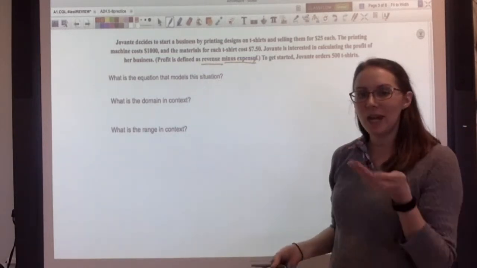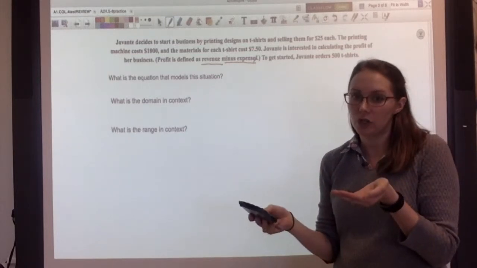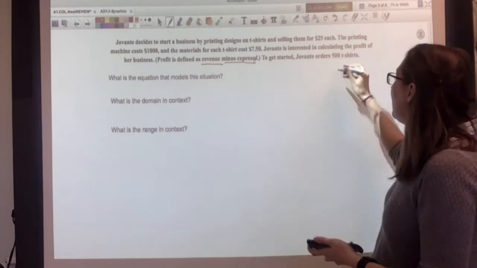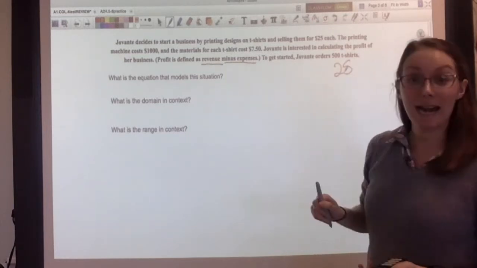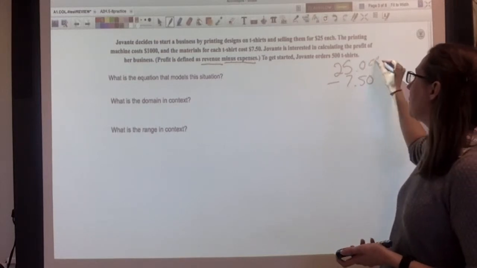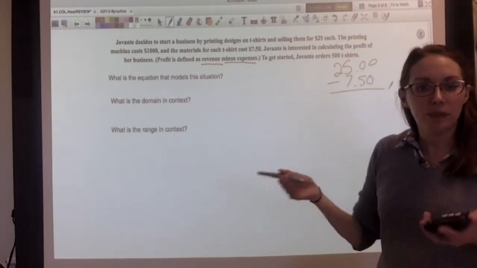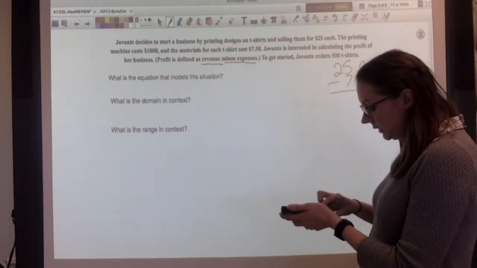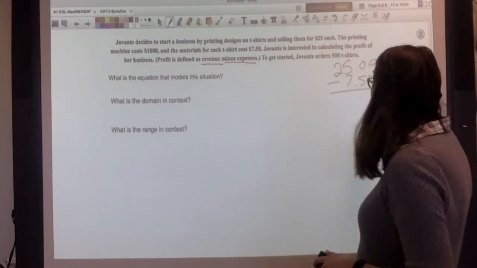We have money coming in, and we have money that has to go out with every shirt. So we can model that with the slope. Our slope is going to be the 25 that you get in and the $750 that you have to pay out per shirt. So our slope is going to be the difference between those two. So 25 minus $750 is going to be $17.50.